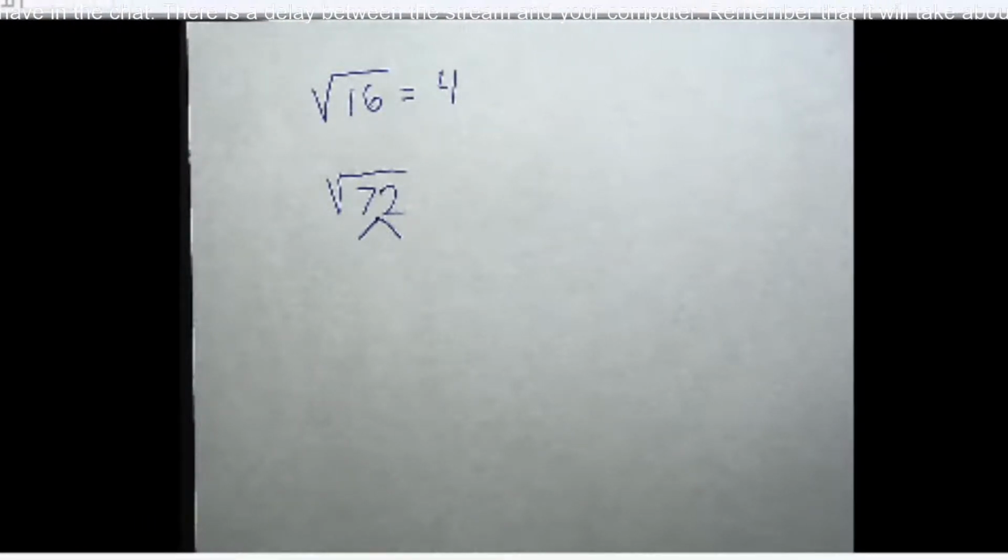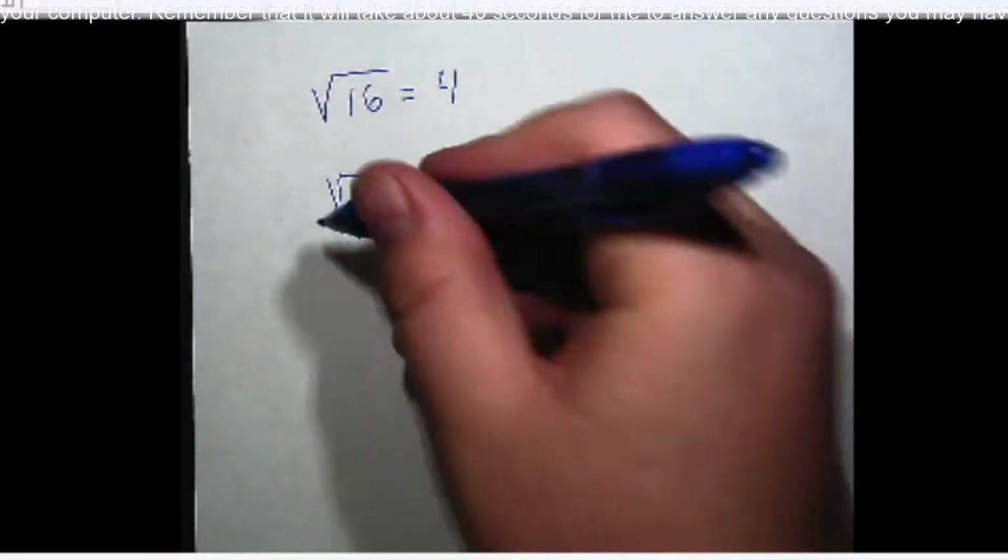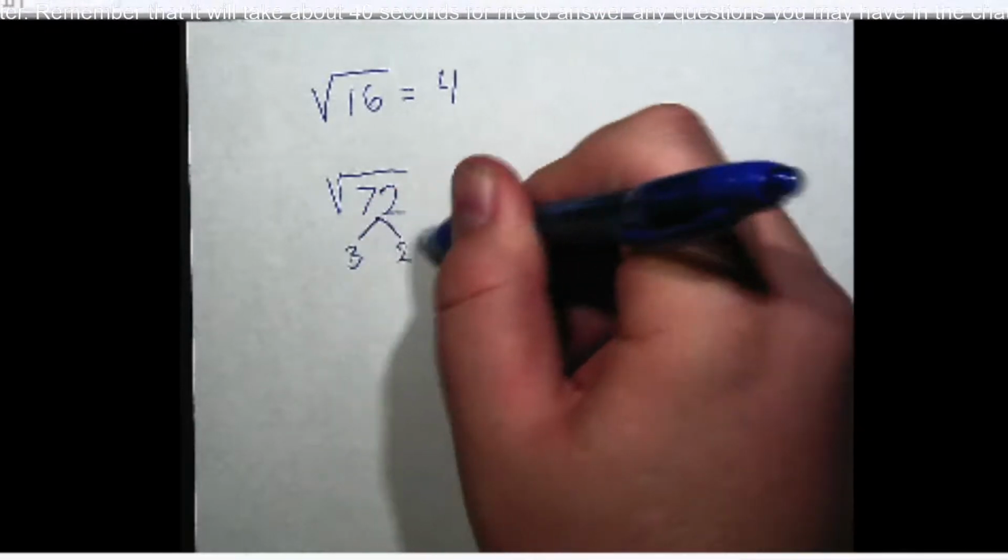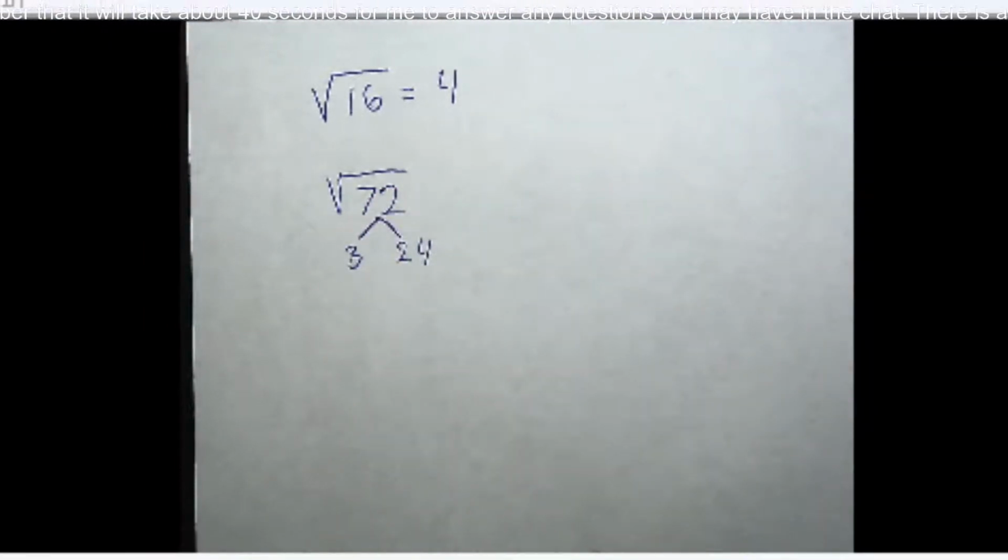So what two numbers can I multiply together to get 72? 3 and 24. Of course, you could have also used something like 6 and 12 or any of the other factors.